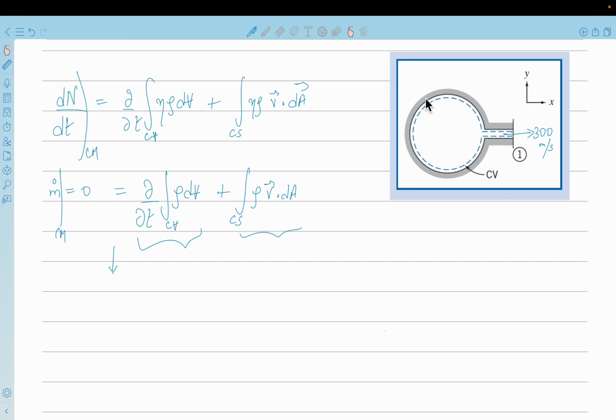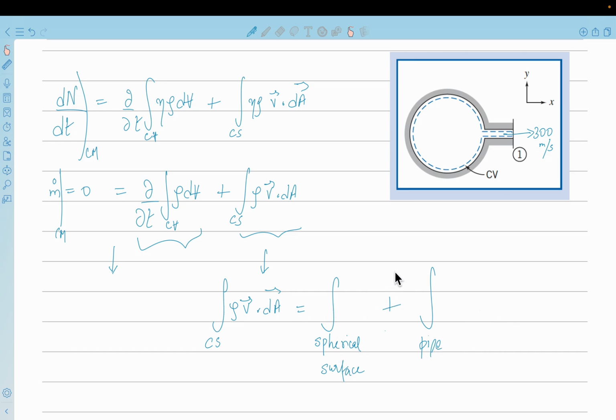One is of course this sphere, and one is this pipe. Okay, so I can say the integral over the control surface of ρ v dot dA is the integral over the spherical surface plus this small pipe, after which we have this valve, right? So we have this pipe.